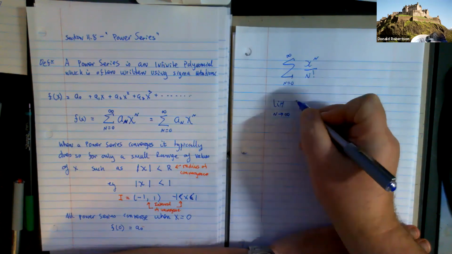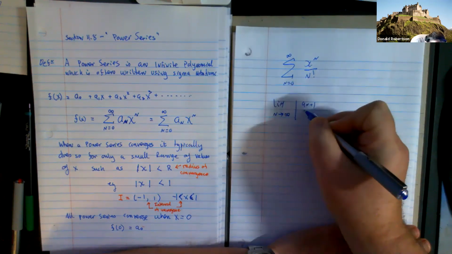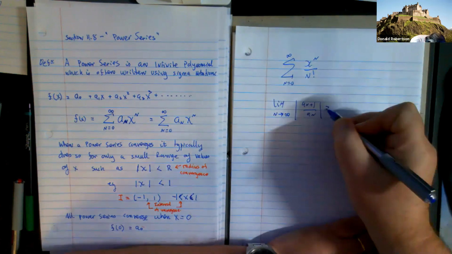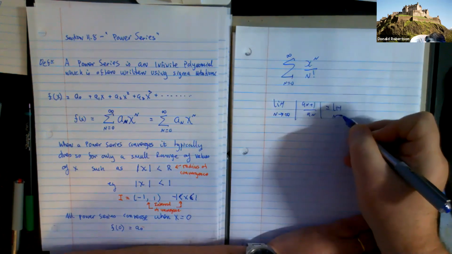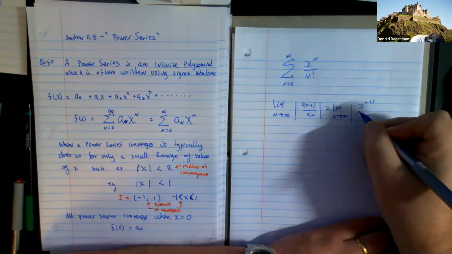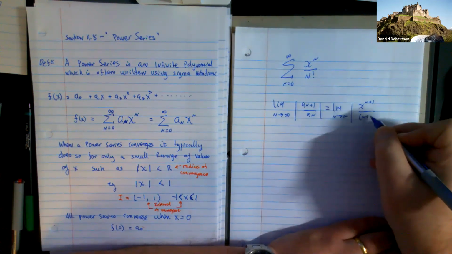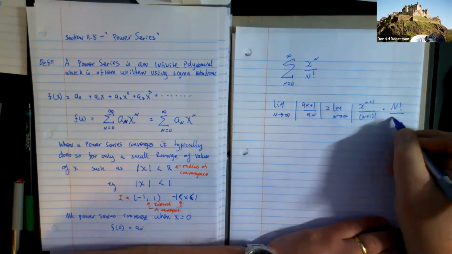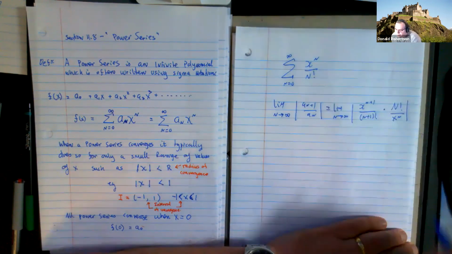Now, it is the ratio test, but that's no biggie. They're all ratio tests, virtually, at least the ones we've seen so far. You have x to the n plus 1 over n plus 1 factorial, and then you switch the guy around, you get that. So far, so good.